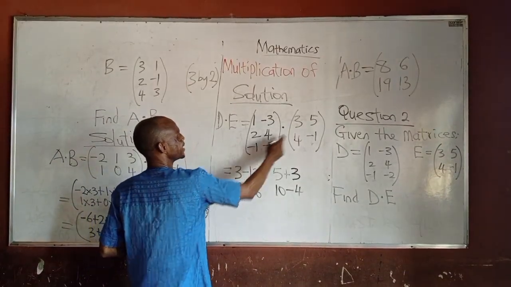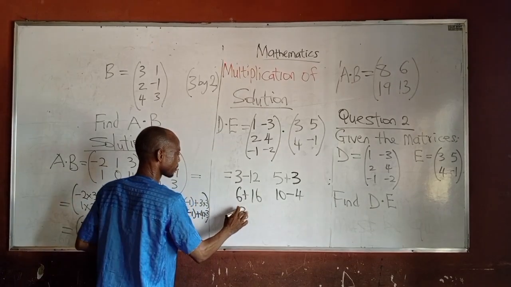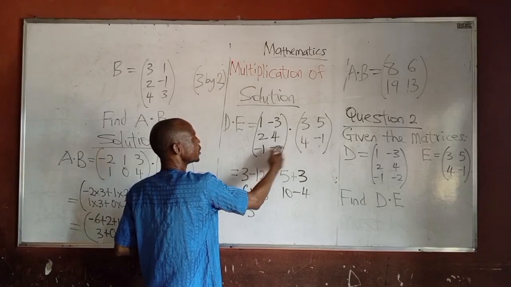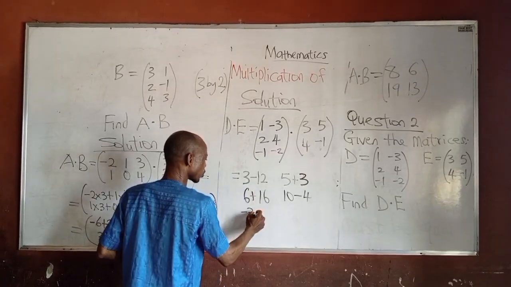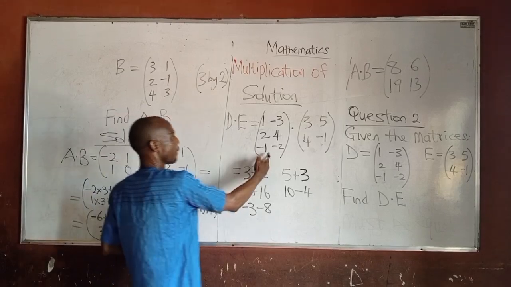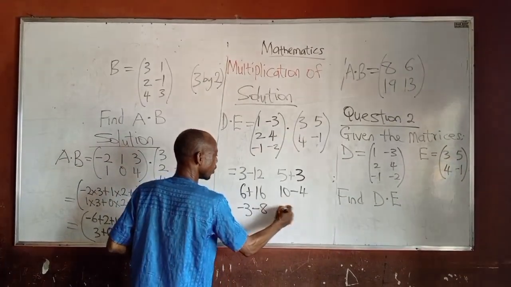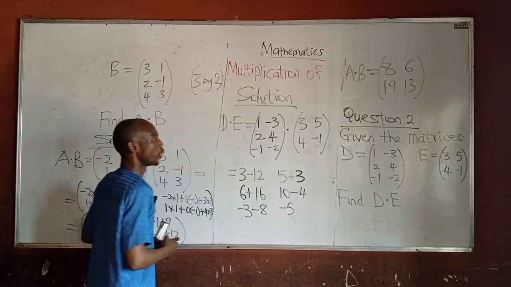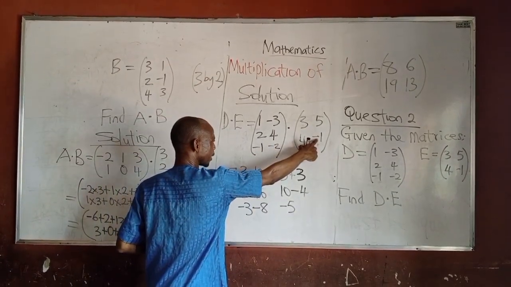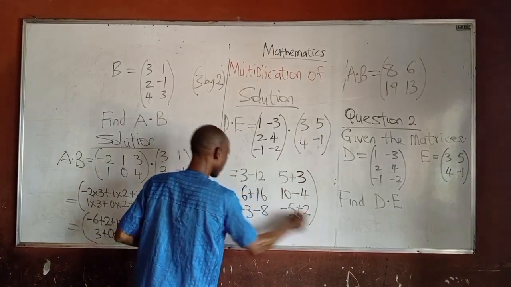Minus 1 times 3 will give us what? Minus 3. Plus minus 2 times 4 will give us what? Minus 8. We go to the next. Minus 1 times 5 will give us minus 5. Plus minus 2 times minus 1 gives us what? Plus 2.